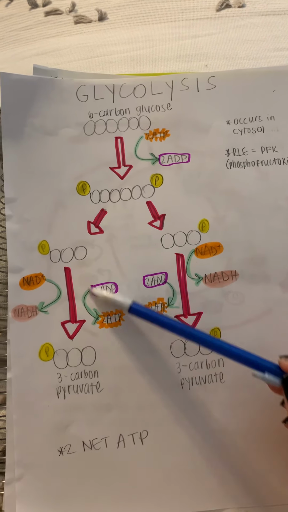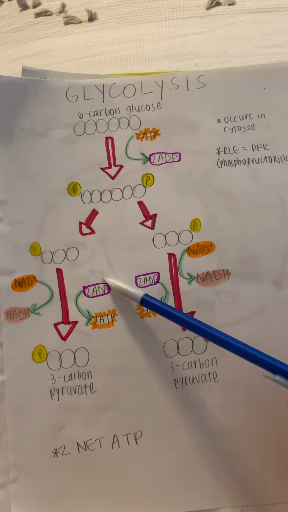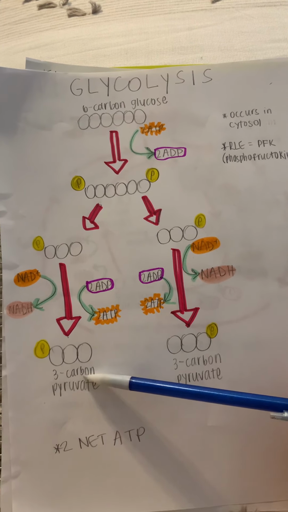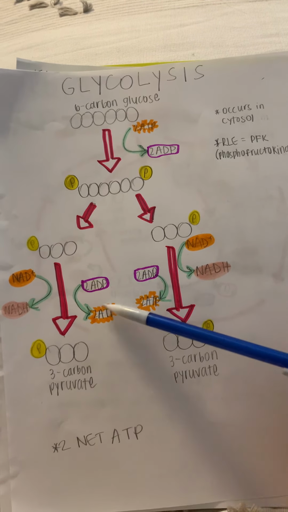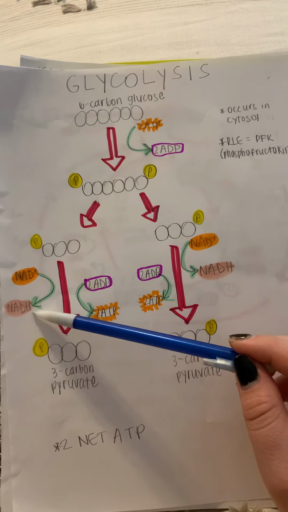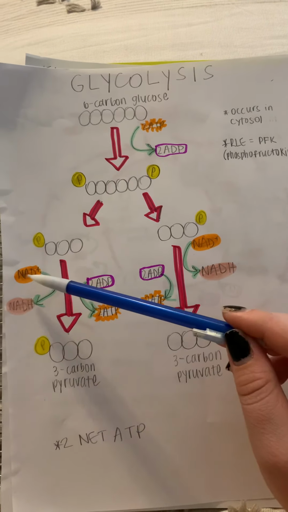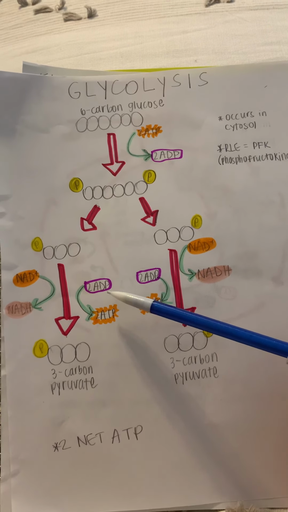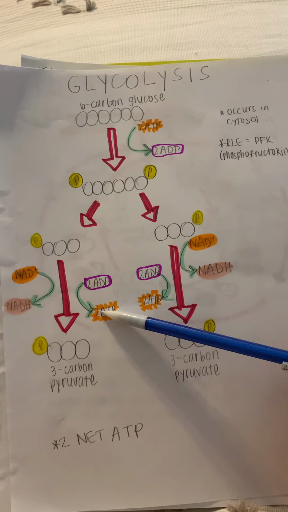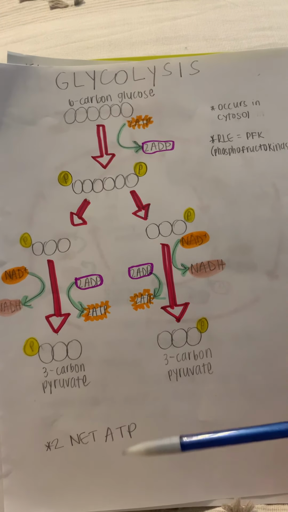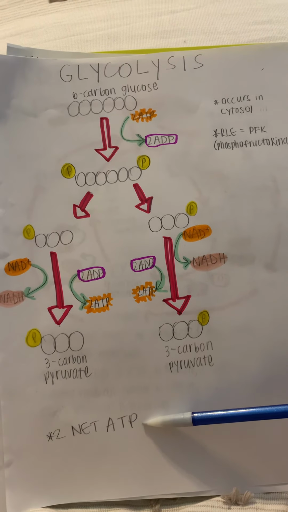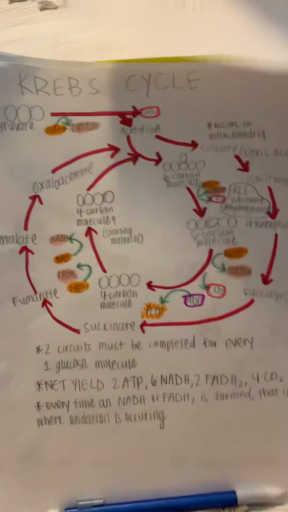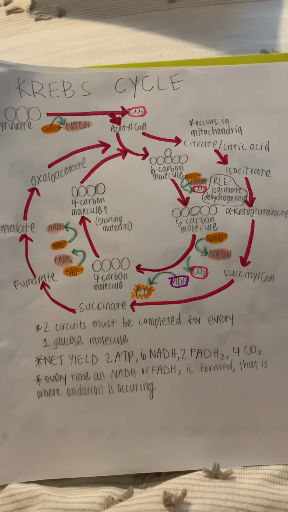Then you go down here, and that molecule is converted to pyruvate, while during all of this, it converts the NAD plus to NADH, while also converting 2 ADP molecules to 2 ATP molecules. So you have a net yield of 2 ATPs. So then we move to the Krebs cycle.